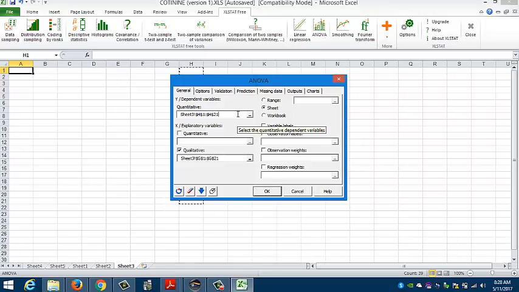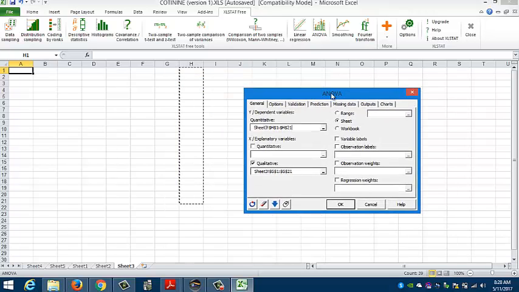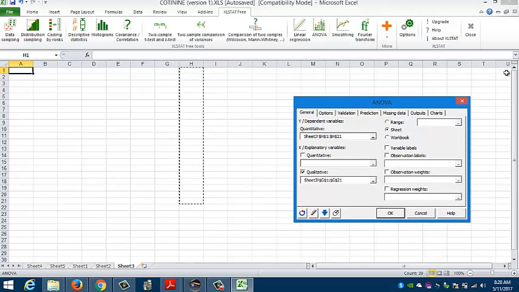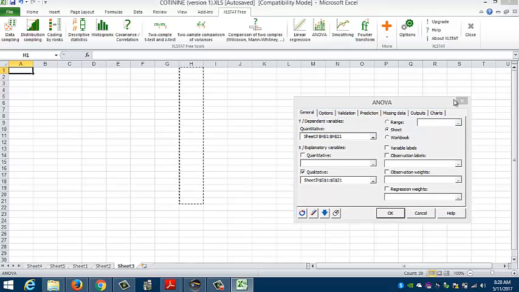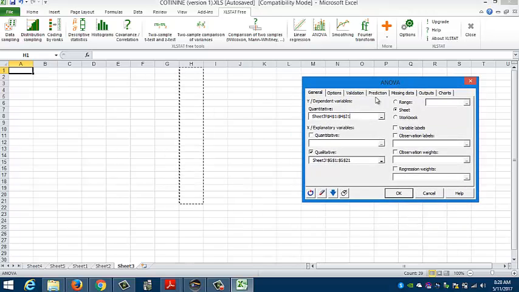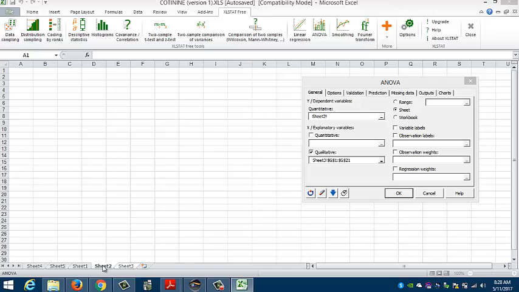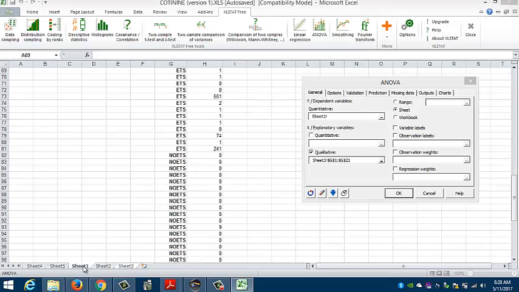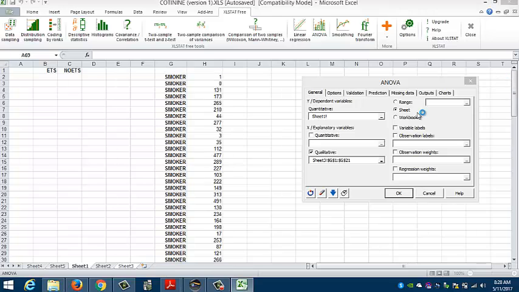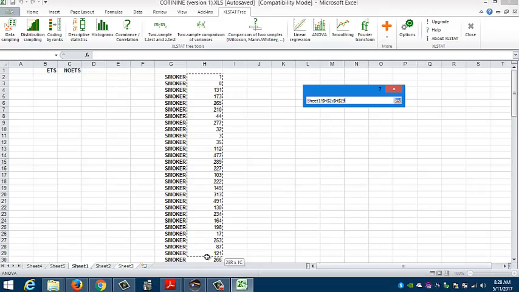It asks me, where's the quantitative data? What is it looking at? Am I on the wrong sheet? Oh, it moved sheets on me. So you have to find the sheet where you have all the data, and you want to choose all the numbers.